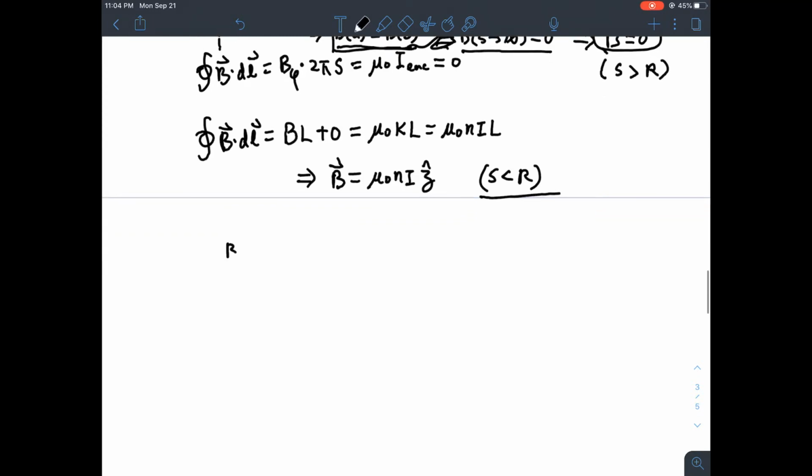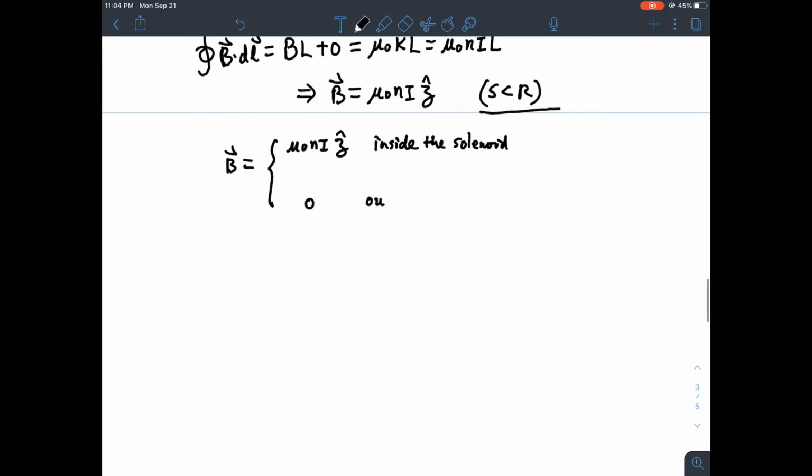In other words, we can summarize it. If it's inside, it equals this. And it should be 0 if it's outside the solenoid.